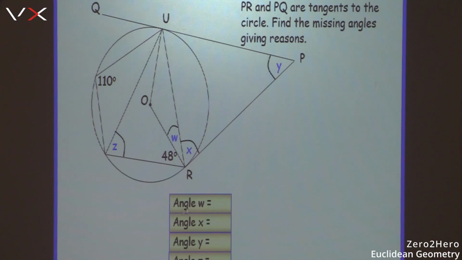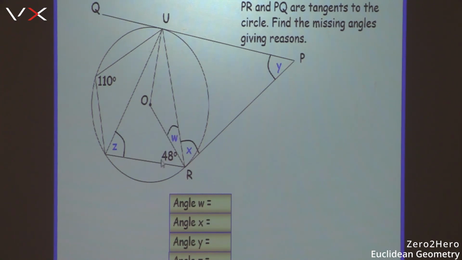Question number 1, find angle W. This is where W is. Okay, I can see a cyclic quad. Do you see a cyclic quad? U, then go down, come this side, come this side. That's a cyclic quad. Yes, I do have this angle, which is 110, and this angle.